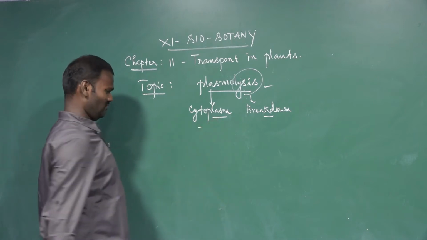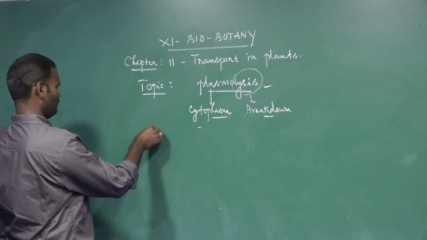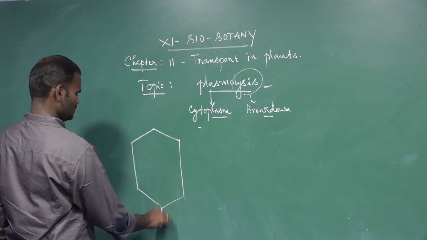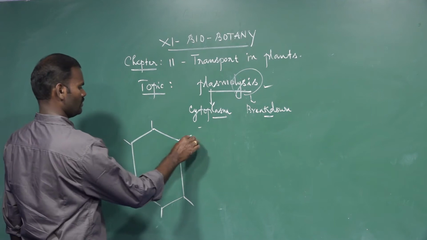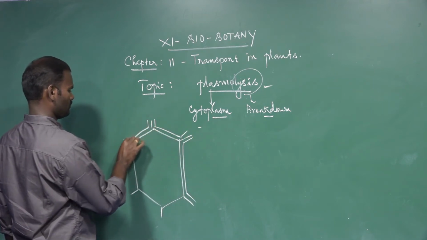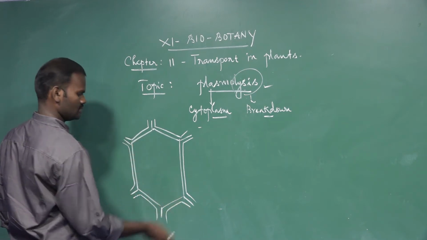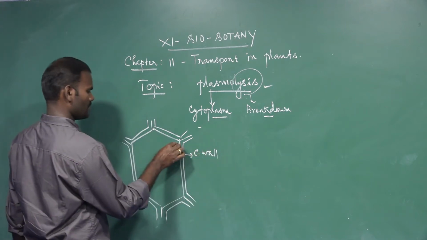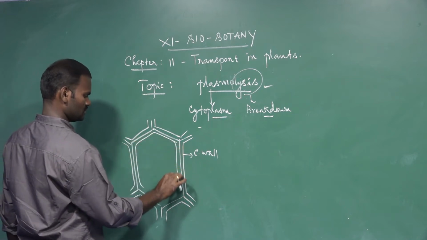See, what is called cytoplasm, how it is located in the cells. For example, if you take the cell, it's a rectangular shape, outer cell wall, inner protoplasm.